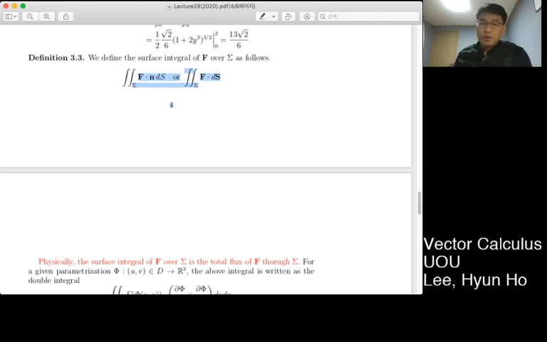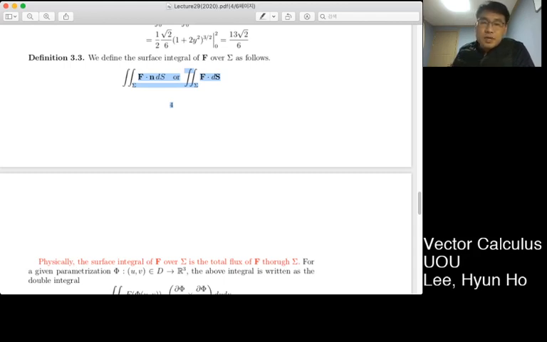When you have a vector field, bold F is a vector field over sigma, then you can define the surface integral of this vector field F over sigma as this. The quantity you have to integrate is the inner product between this vector field and this vector surface area element.